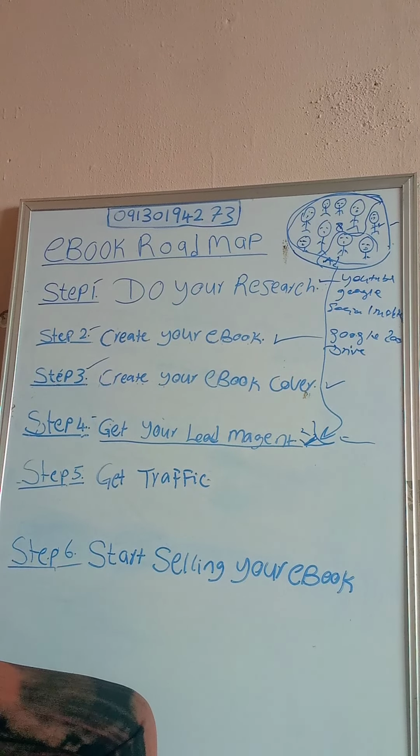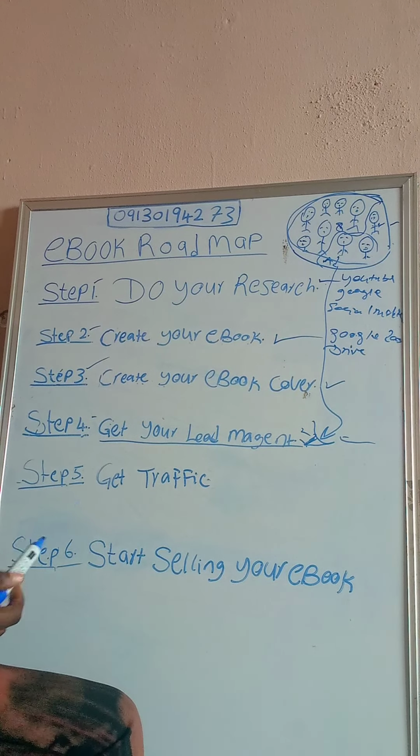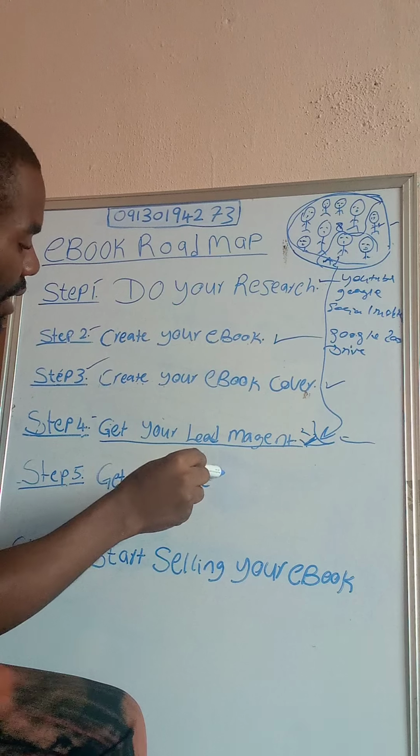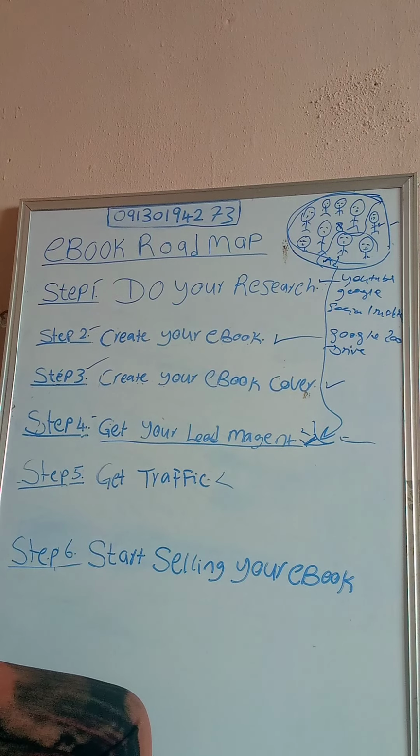So once you give people a lead magnet that helps them solve a problem, remember, very important, a lead magnet that is valuable to them, then another thing that will determine if you make a sale is traffic. Traffic in internet marketing is like you being able to reach out to people and send traffic.